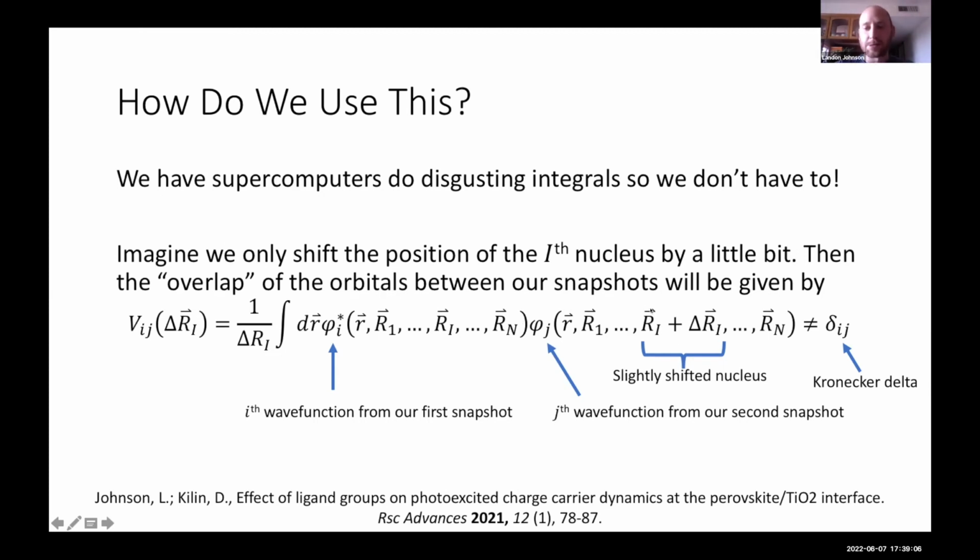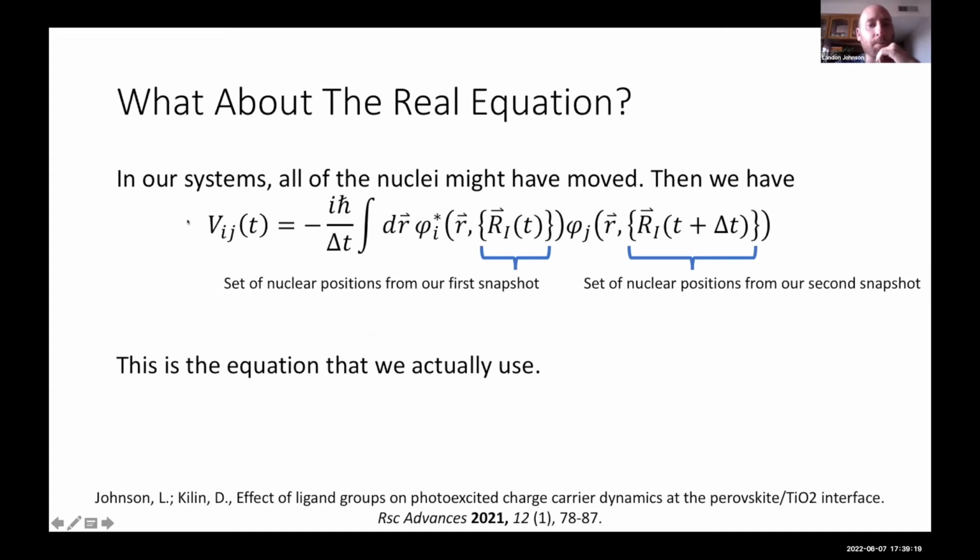So in this case, these wave functions depend on all the positions of our nuclei. Here we're just assuming that we'd move 1, and that's enough to change it. But in reality, all of our nuclear positions have probably changed.